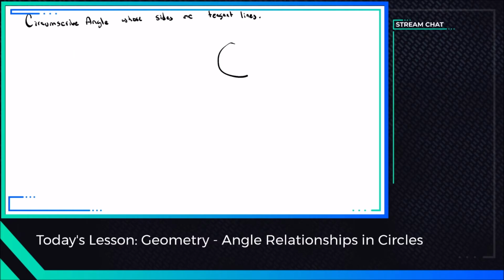So if we draw a circle here, this is going to look like the Pac-Man, right? So we got two lines that are tangent and they intersect down here. And so this angle, angle 1, is going to be a circumscribed angle.